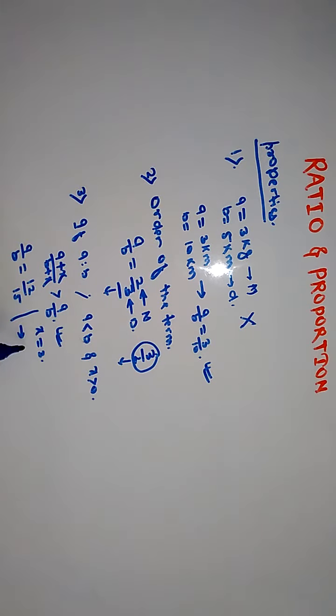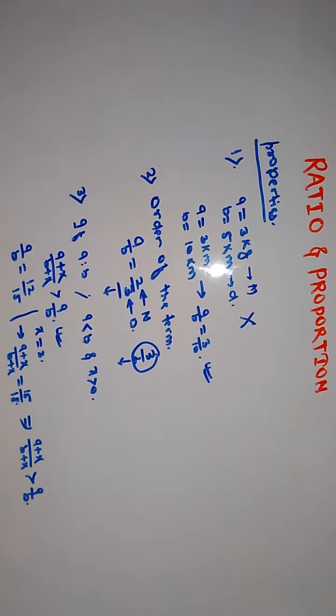Then a plus x upon b plus x will be 15 upon 18, which is greater than a by b. So straightforwardly, if the condition a is less than b and x is greater than 0 is satisfied, then just by seeing the options, you can choose the correct option.